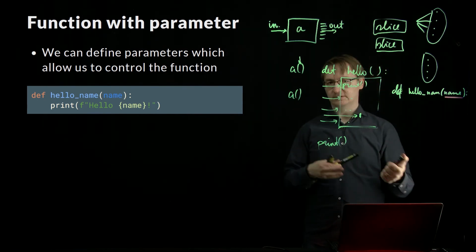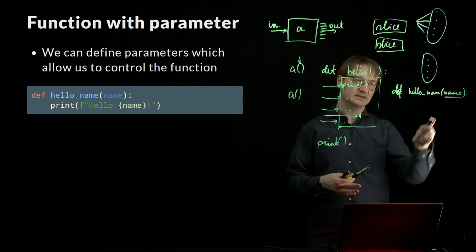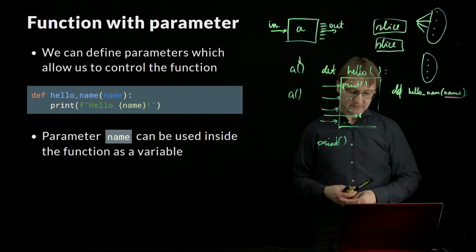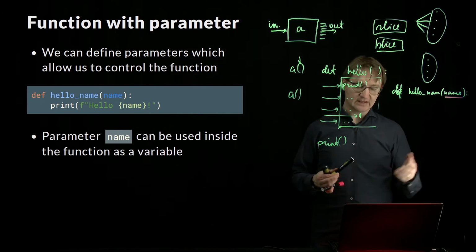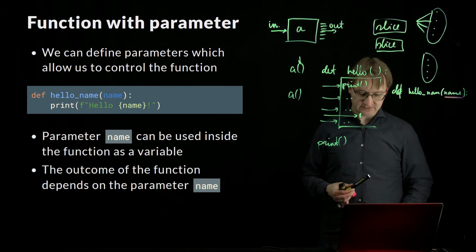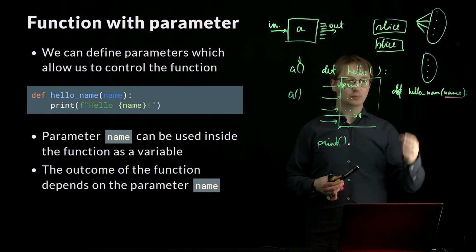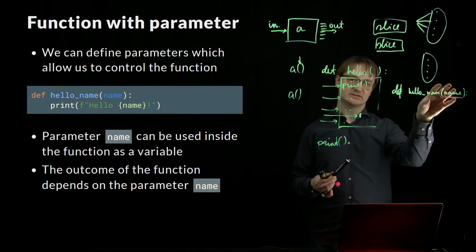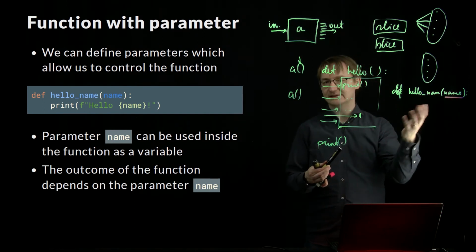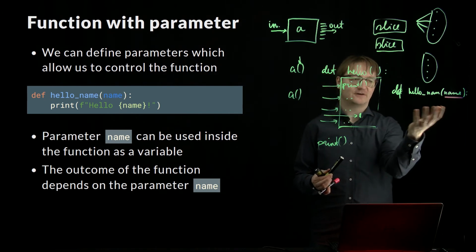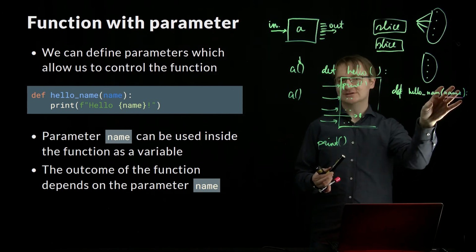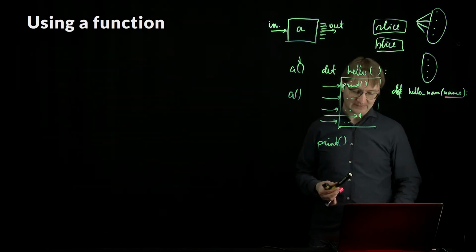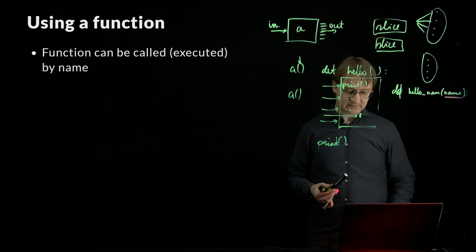And when I call this function, I can pass in the value for this variable. Let's see how it works. Currently the name can be used as a variable inside this function. And the outcome, or what the function does, can depend on this variable. Of course, I can write the function which doesn't use this variable at all, but then there is no point to have this parameter.